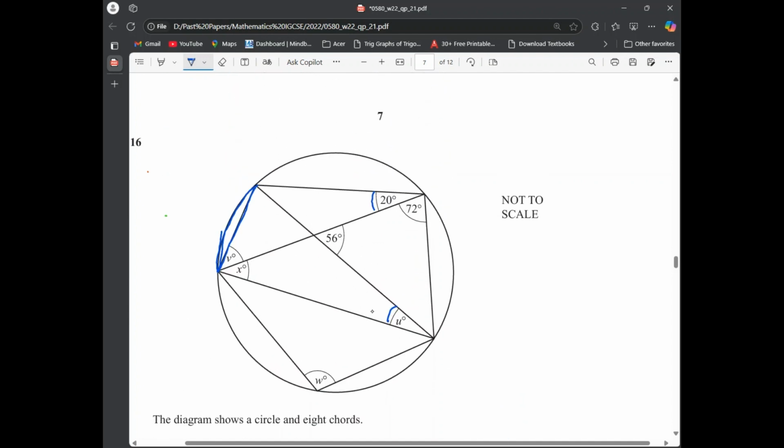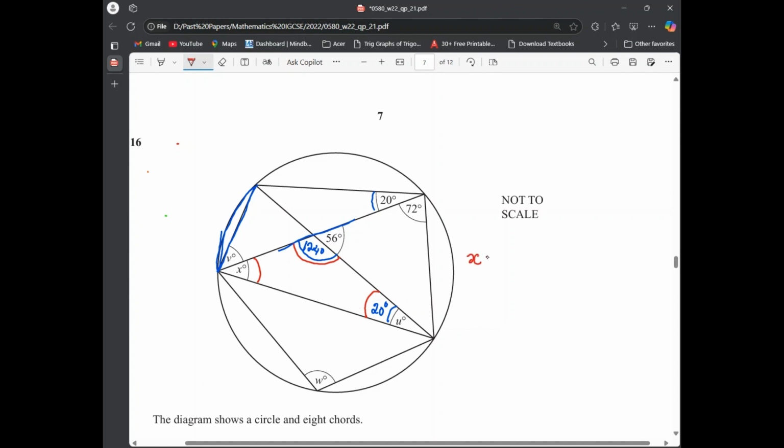Okay, so if this is 20 degrees, perfect. This angle and 56 are on a straight line. So this angle there will be equal to 180 minus 56. So this angle is 124 degrees. Now, the next thing I'm going to do, if I add these three angles on the inside of a triangle, I get 180 degrees.